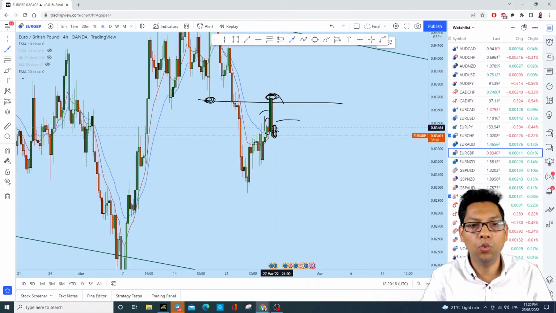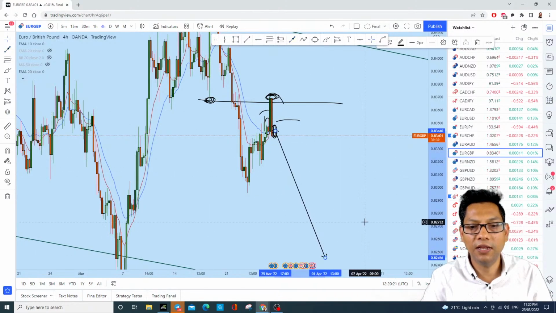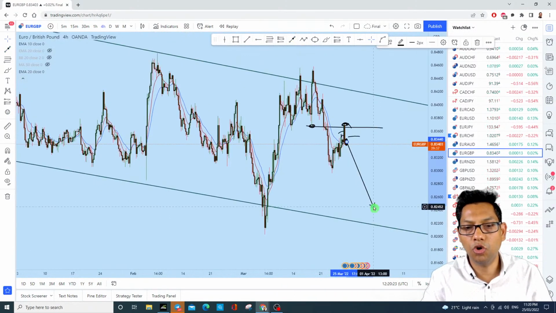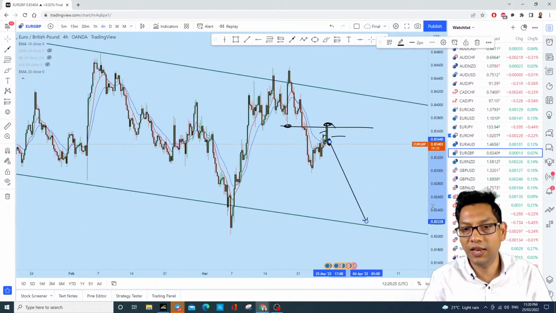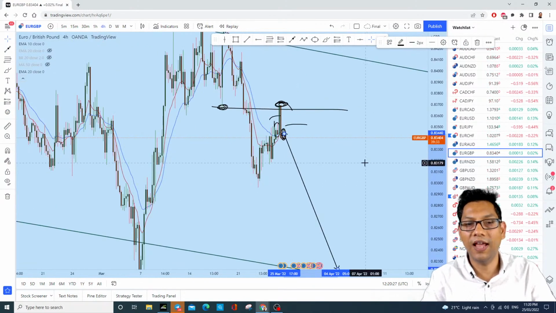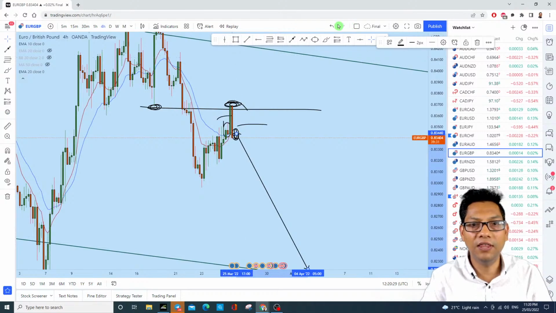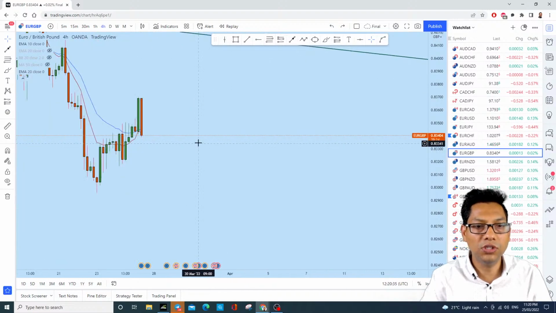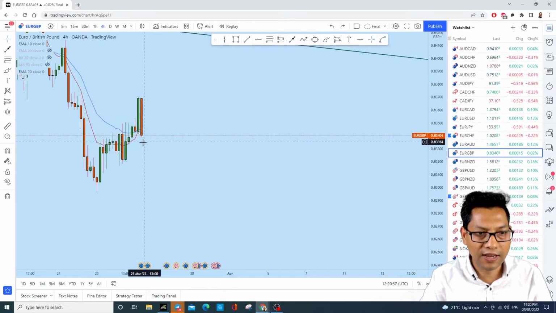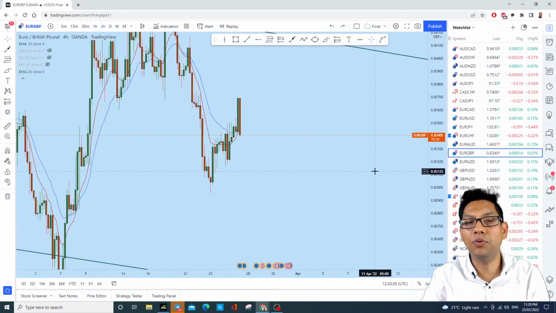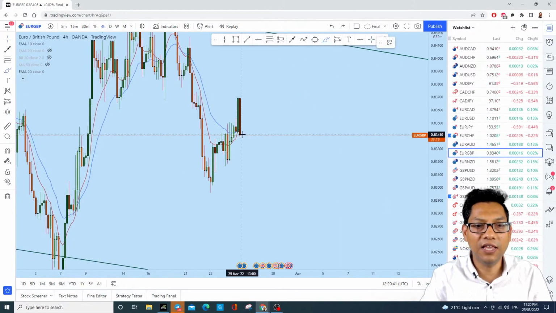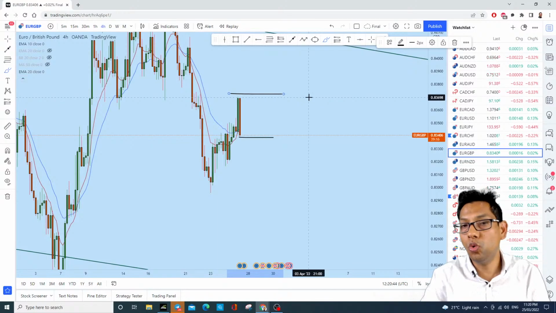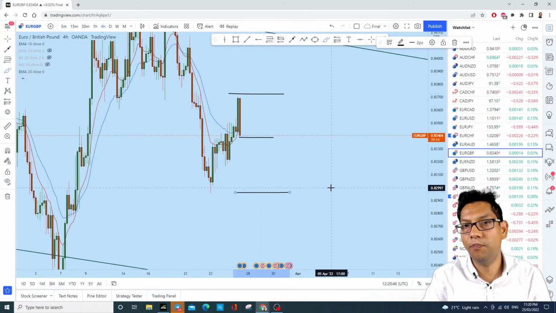From here there is a high probability that Euro GBP will drop at least to this level, and that is what I strongly believe. If this candle closes like this, so let's wait for the candle close. If it closes somewhere here, it's a high probability trade. Even 1-to-1 could give us a profit.